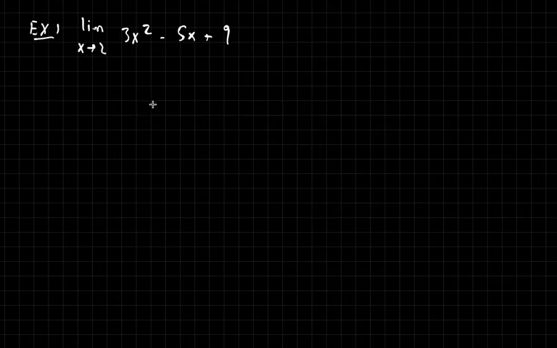So example 1 says, the limit as x approaches 2 for 3x squared minus 5x plus 9 equals some number, and we want to find that number. So we're going to use direct substitution here. So the first step in direct substitution is we're going to assume that we can simply, let's say this is f of x right here, okay?